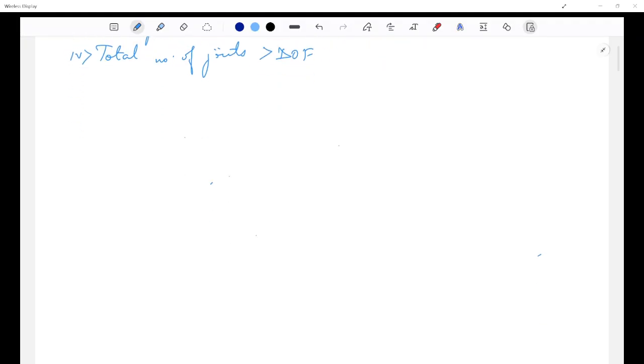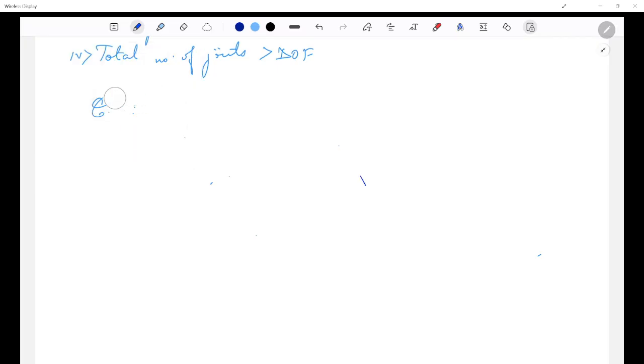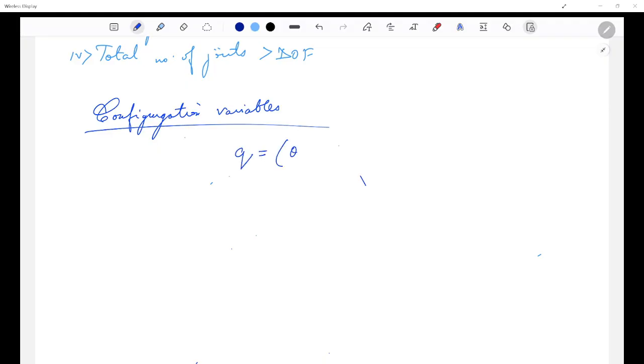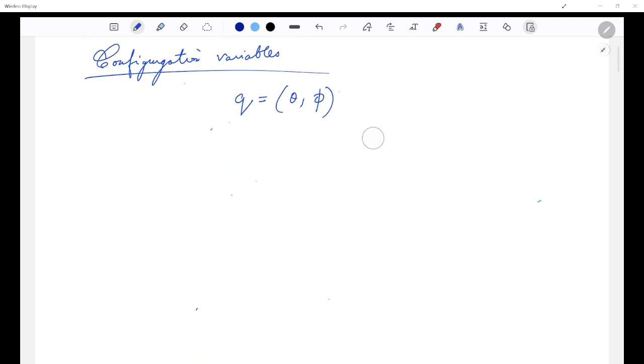Okay, so how do we go about this? Let's define configuration variables. Our configuration variables can be defined by Q, which is theta and phi. Don't confuse this with roll, pitch, and yaw. Why I'm writing this, I'll tell you.